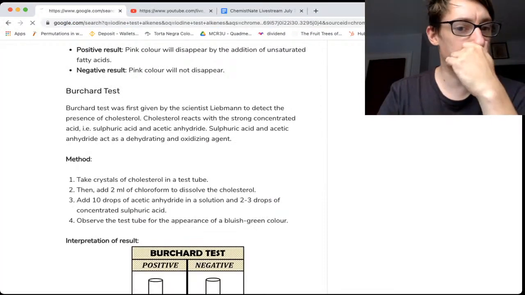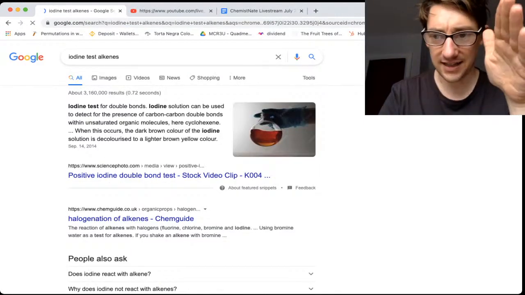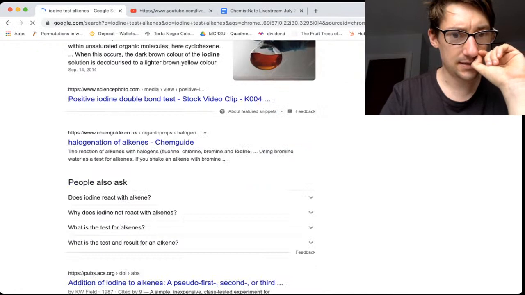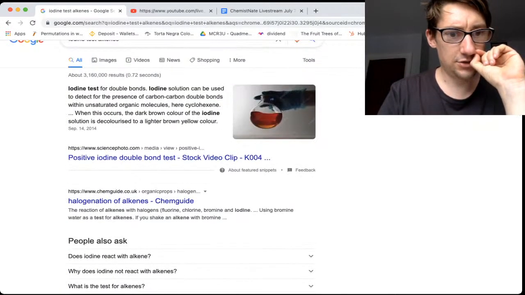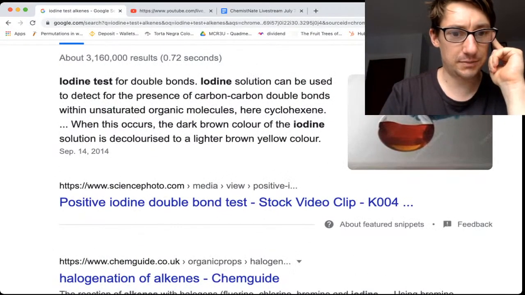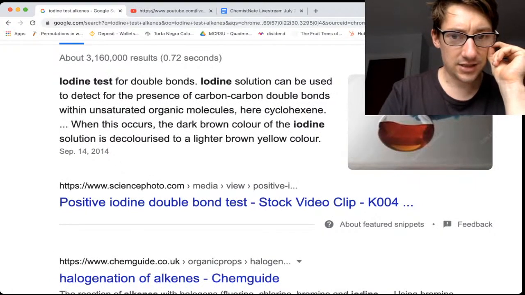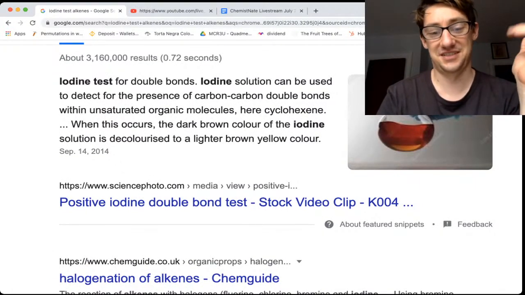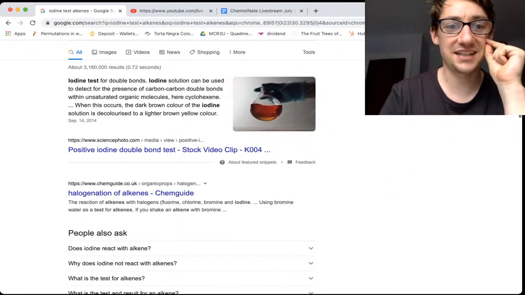I'm losing sight of what you asked about. You asked about iodine for alkenes, not just lipids. Iodine solution can be used to detect carbon-carbon double bonds. A dark brown color is decolorized to a lighter yellow. That's not particularly useful.